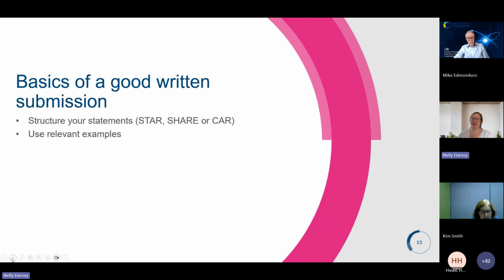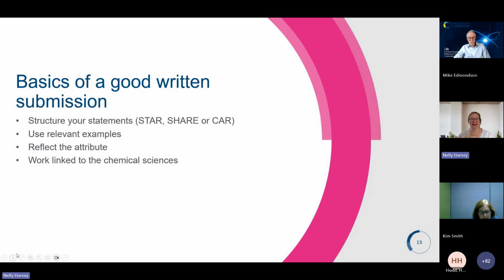You should use relevant examples for each of the attributes. So whatever it is you write in your statement must directly apply and reflect the attribute that you are hoping to claim that you have demonstrated well. And your work should be linked to the chemical sciences. That broadly applies to all of the attributes, but there are particular attributes where it mentions chemistry or chemical sciences.